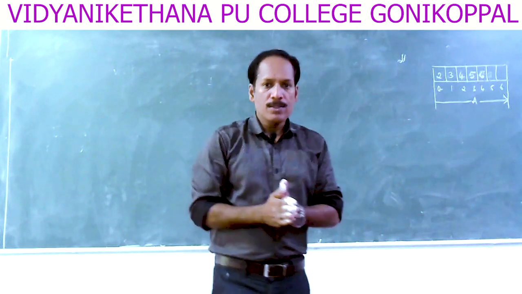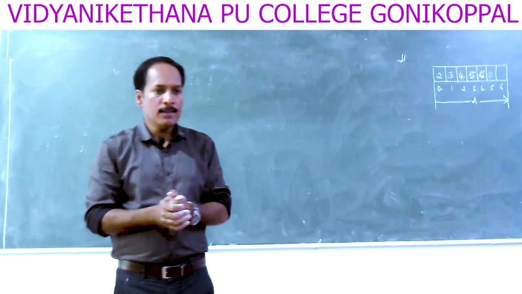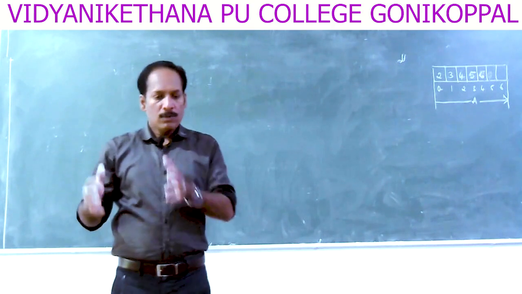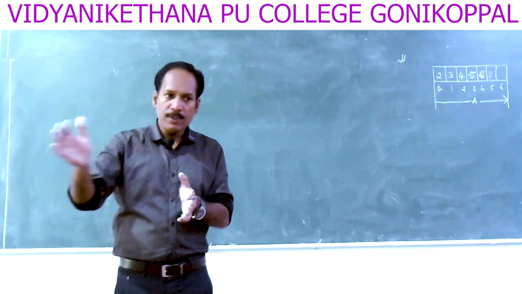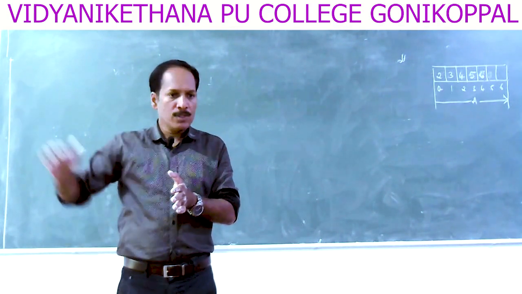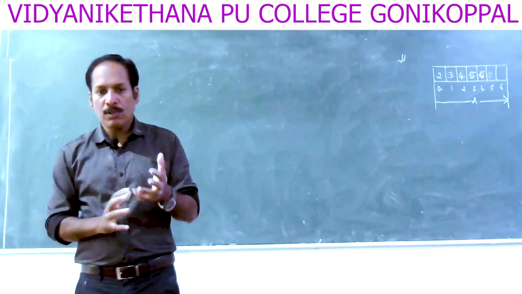So first you have to delete the element at that position. After deleting, the vacant space is created, an empty space. So the subsequent elements after that position are all shifted to lower order positions. That is how this shift or movement is made.